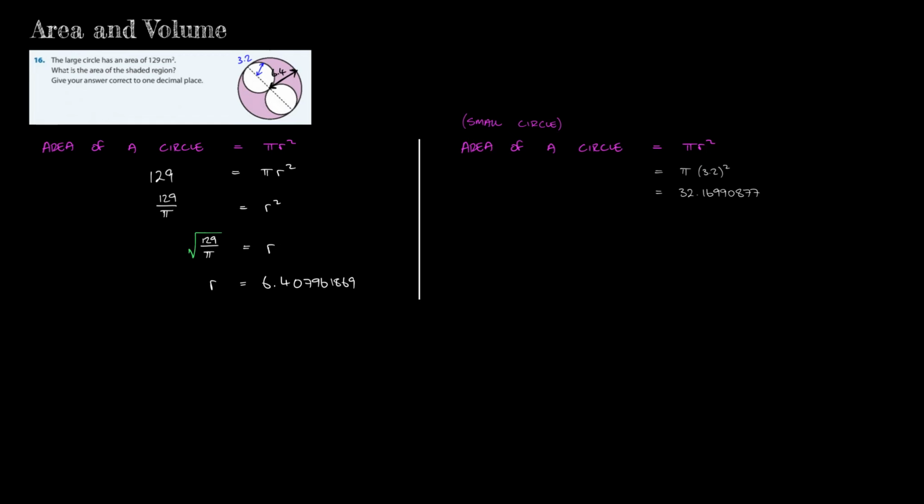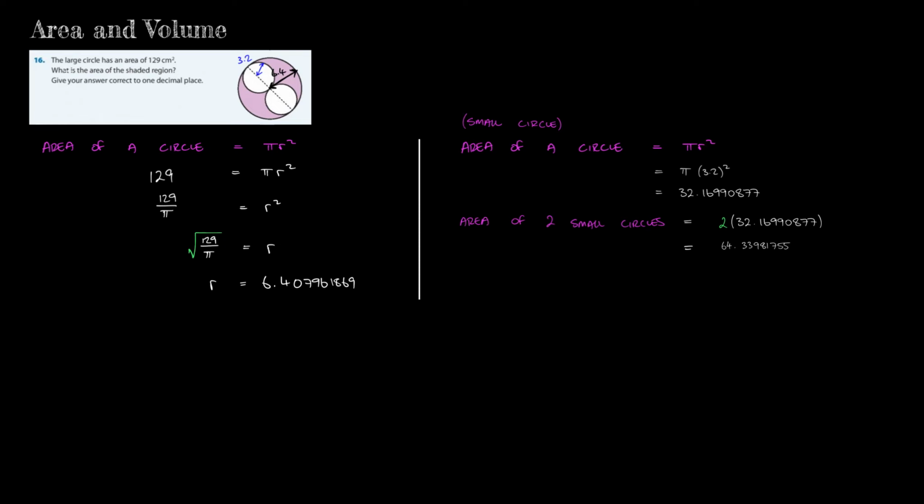I've got two of them. So the area of two small circles is obviously going to be twice that, and if I take twice that figure, I would end up with 64.33981755.